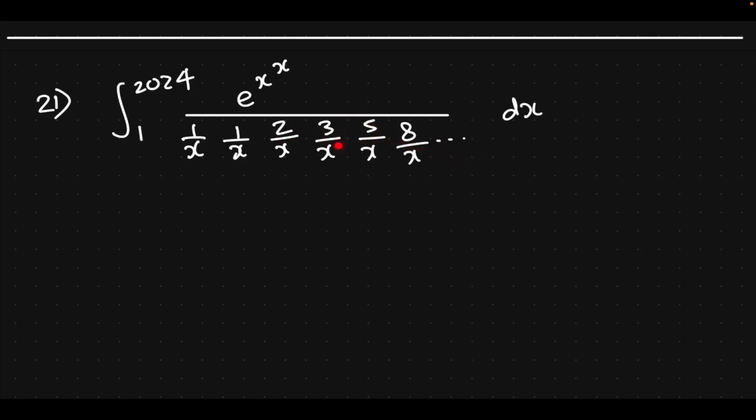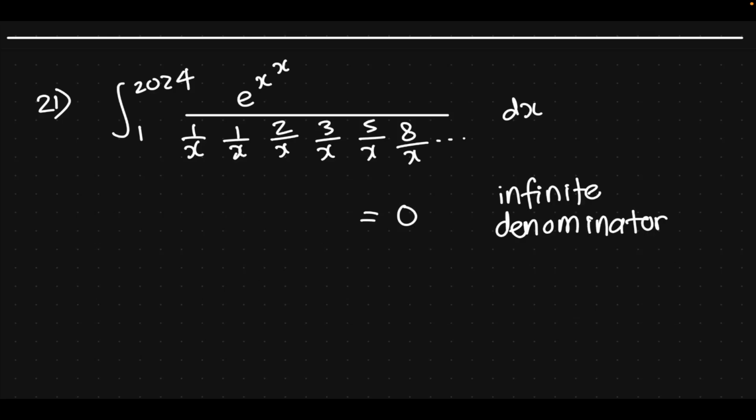And the denominator actually is infinite. It dominates e to the x because there's no end to this thing. So when the denominator blows up, the entire thing will go to 0. That's it. That was the entire argument because it's an infinite denominator. That's all the argument.